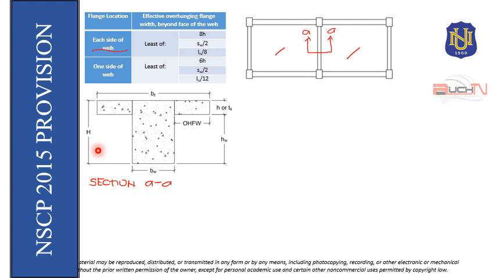So, that will be for section AA na figure natin. Mapapansin nyo, meron siyang B sub F. B sub F is the effective flange width. Then, meron siyang H, which is the total height of the beam.